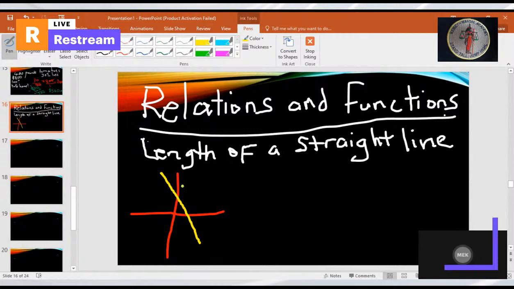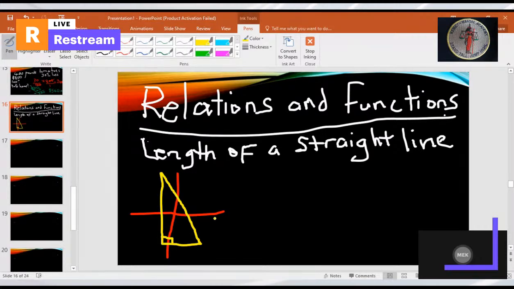So if you look at this line here on the coordinate plane, you realize that we can complete a triangle. Let me try and be as straight as possible. You all know I have an issue with straight lines. If we complete that triangle, realize that's a right angle triangle.